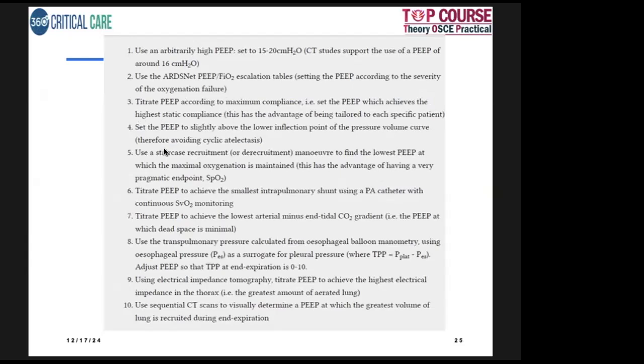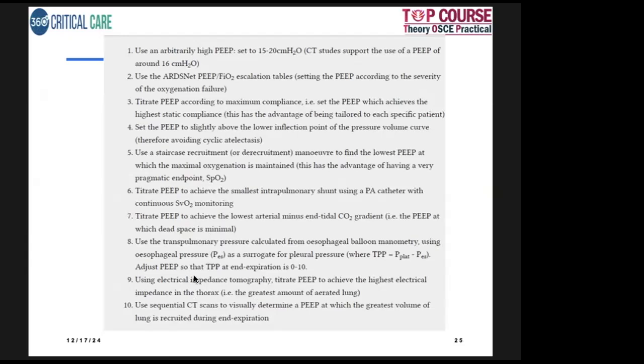Then you can set the PEEP slightly above the lower inflection point of the pressure volume curve. You can also use a staircase recruitment maneuver to find the lowest PEEP at which the maximal oxygenation is maintained. You can also titrate PEEP to achieve the smallest intrapulmonary shunt using a PA catheter with continuous SvO2 monitor. You can also titrate the PEEP to achieve the lowest arterial minus end tidal CO2 gradient.